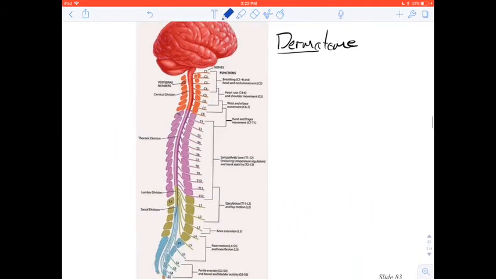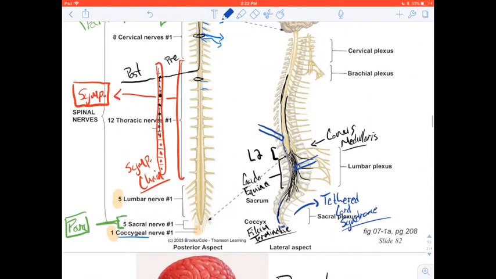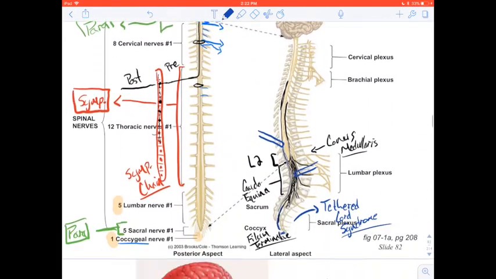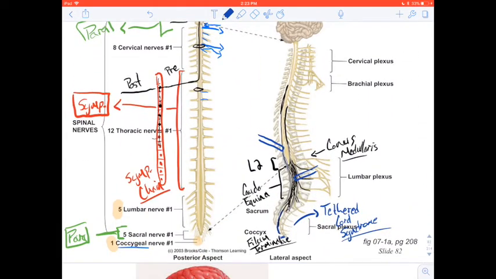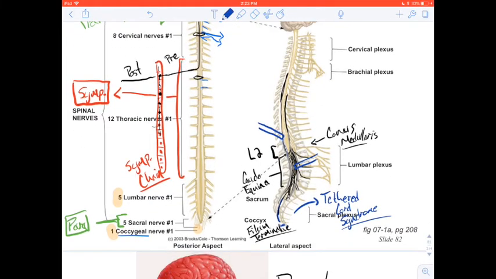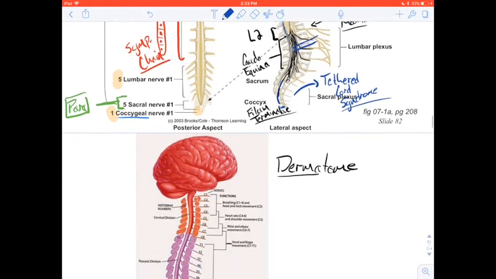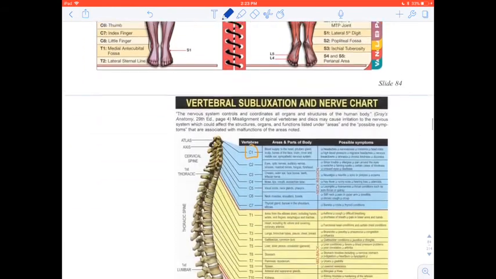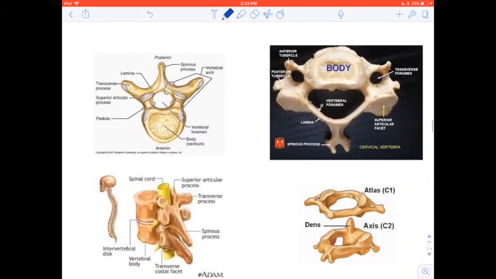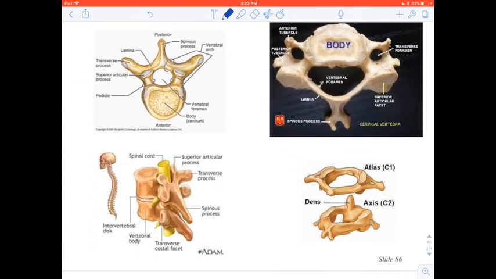All right, so now we have an understanding of our basic spinal cord anatomy, where these somatic and autonomic nerve roots are going to come in and out and what they do. All right, so let's jump down here and kind of make sure that we get everything. So remember our vertebral body here. This is going to be the anterior or the ventral side. Right, so we're going to call it ventral.